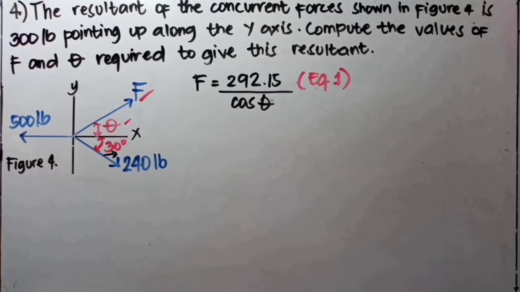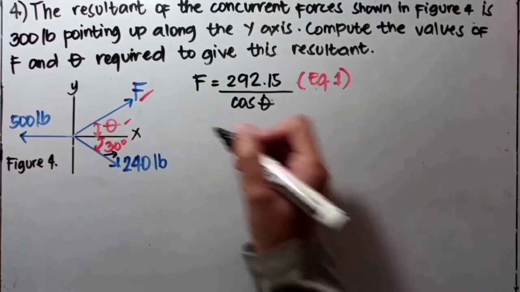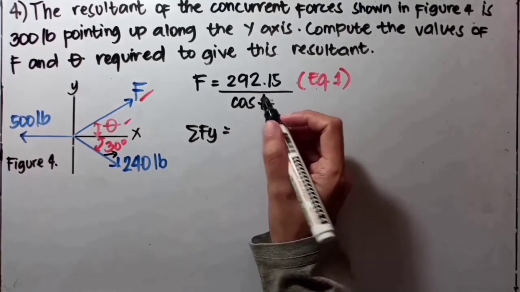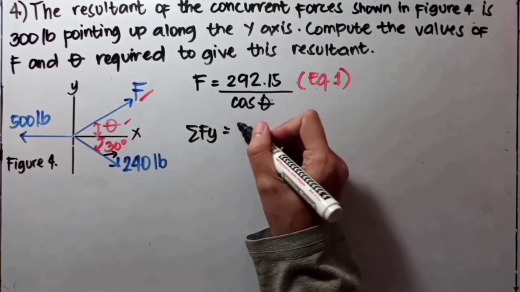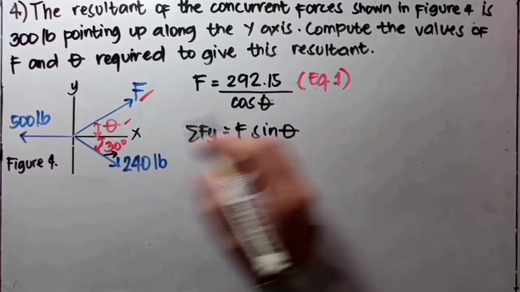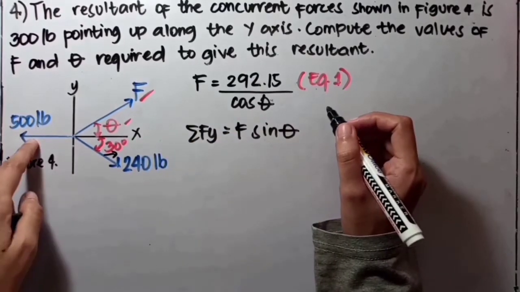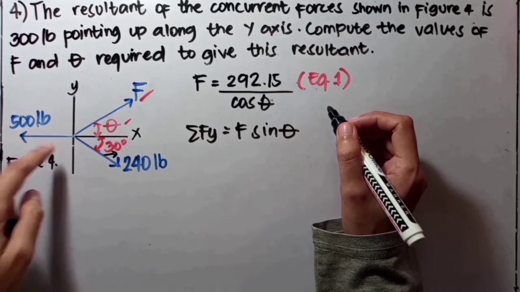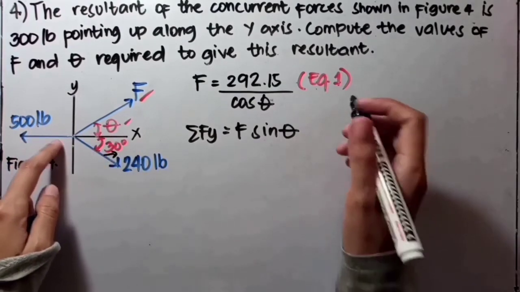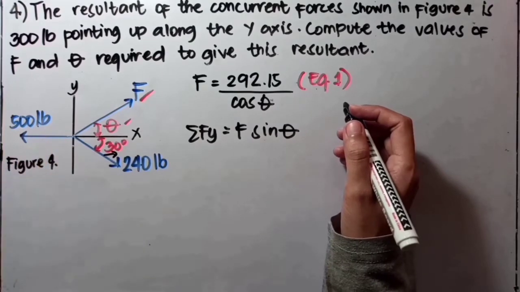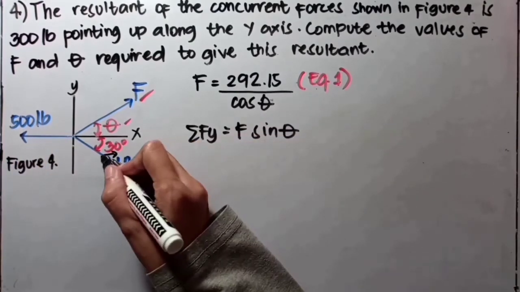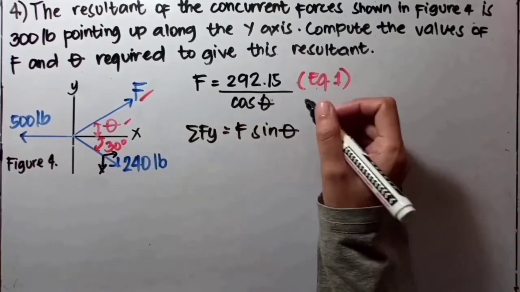Okay, since tapos na tayo for summation forces X, gagawin naman natin ang summation forces Y. So, summation forces Y, mag-start din tayo sa F ulit. F sine naman ngayon, sine theta. Unknown naman yung theta. And then this one, wala siyang component kasi isa lang siyang horizontal force. So, diretso na siya for x. Wala siyang y component. So, this one will be going down.